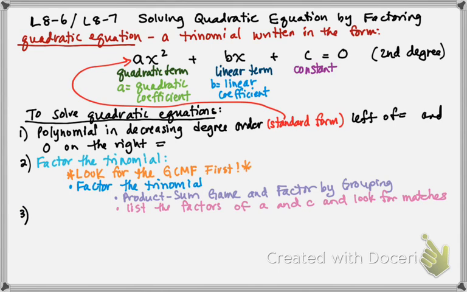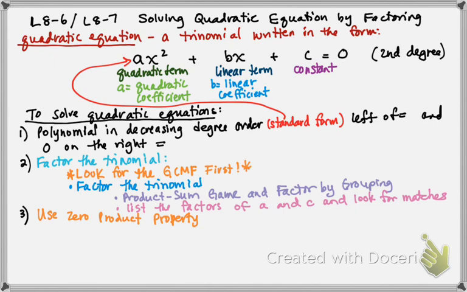And then you're going to use the zero product property. Basically that property says that in order for you to get an answer that equals 0 when you multiply, one of the numbers you're multiplying has to equal 0.